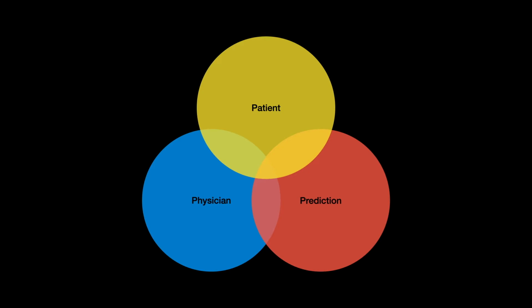I have physicians here in the lower left corner of the slide, but really any clinician or anybody that's part of the healthcare team can be counted in this blue bubble. I use physician because I'm training to be one, and also I like the alliteration. So the big focus is how do we get predictions that work well for patients and for physicians.